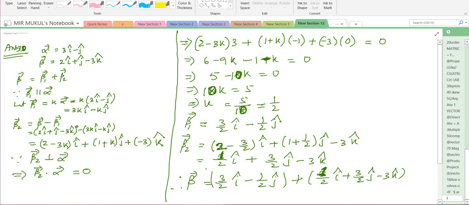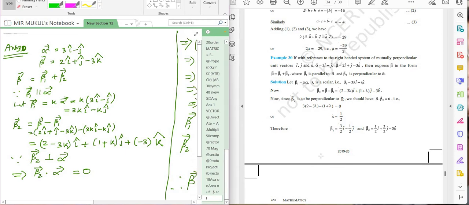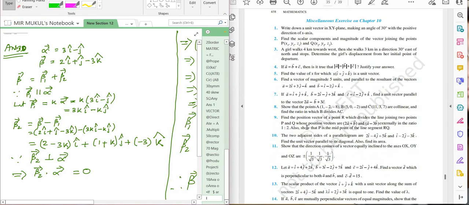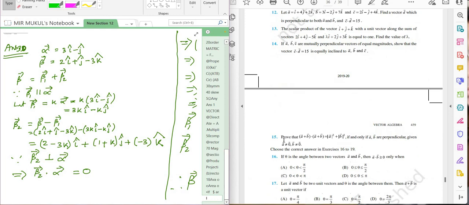So these questions are very, very important questions, right? These two questions you will practice very nicely, and other questions, some more miscellaneous questions like question number 12, 13, 14. These kinds of questions are very important, you will practice that type of questions.